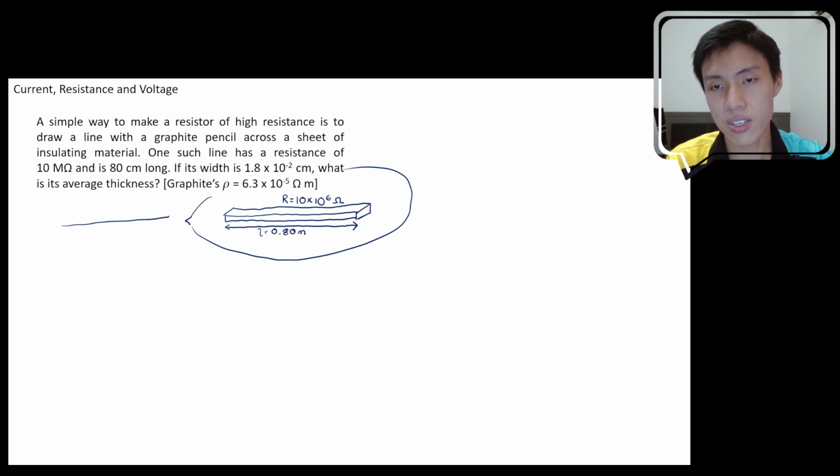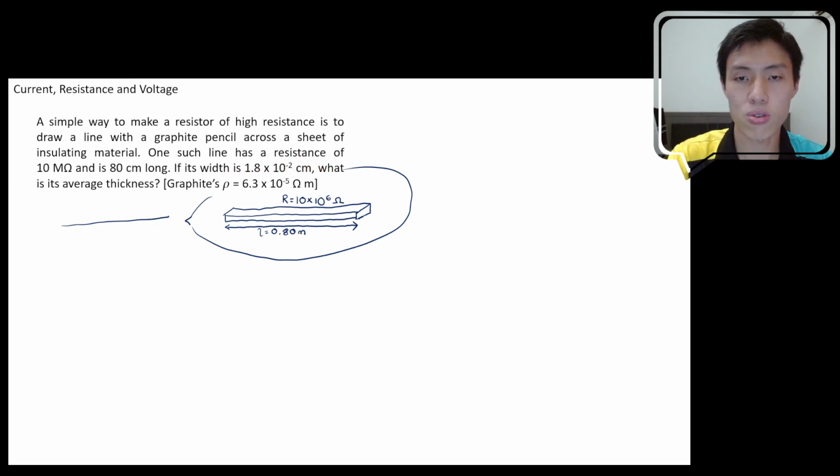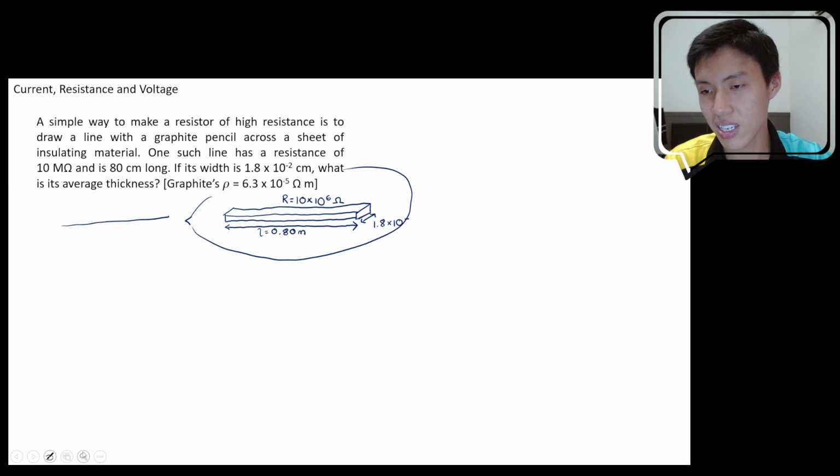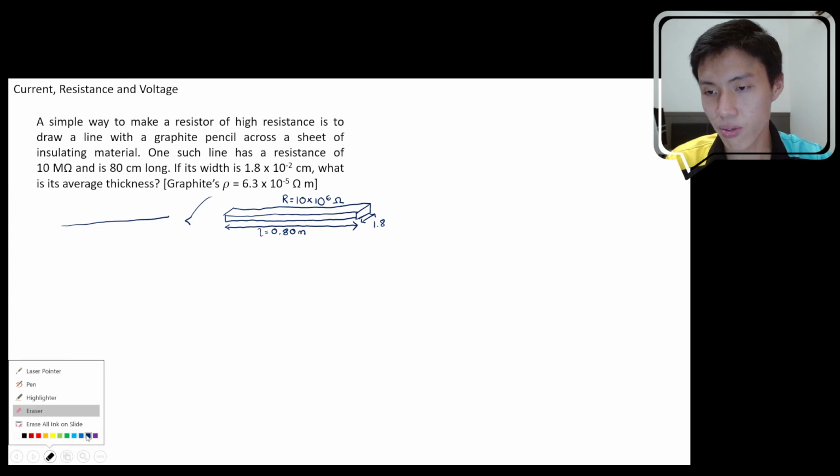We can safely call this the length. Next, its width is 1.8 times 10 to the power negative 2 cm. Width will be us measuring from here to here. Oh, this is really sly. They use an exponent, but they still put it in cm, so we have to convert it as well.